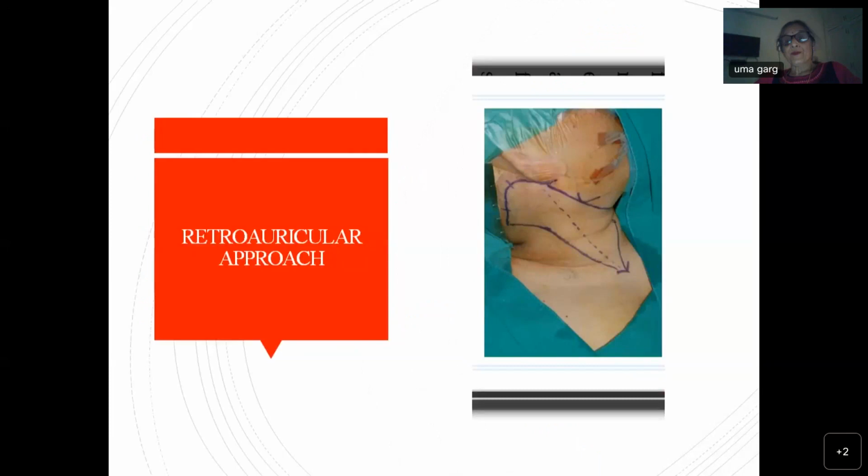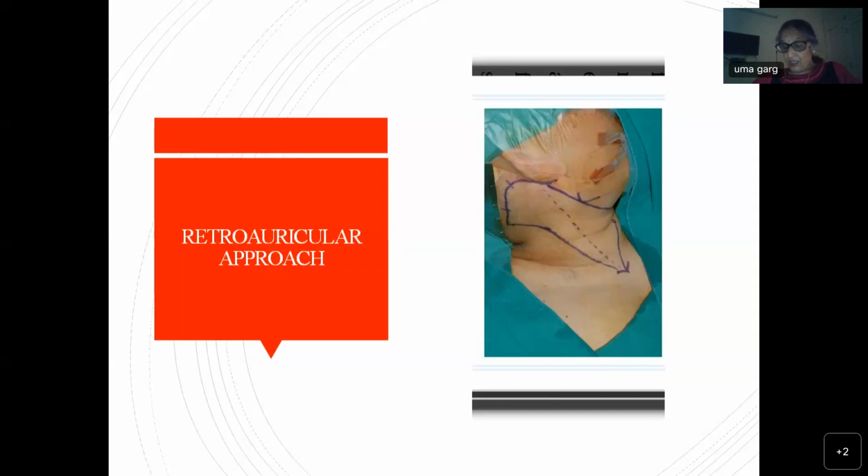This is the patient, and on the right side the incision is there, and this is showing the size of the flap raised by the retroauricular incision, and we will be able to reach the thyroid on the same side and dissect it. Steps are the same.